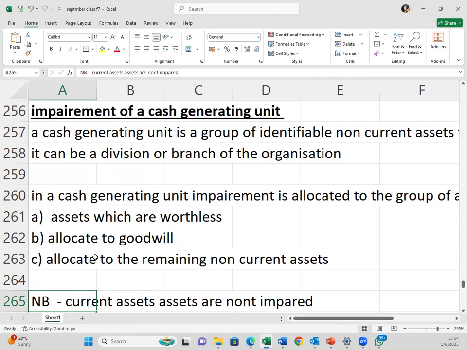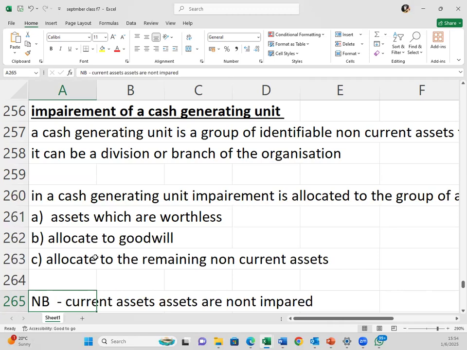Then we allocate impairment to goodwill. Goodwill must be written off. If there is an impairment review of a CGU, we write off goodwill or allocate impairment to goodwill. Then after that, you need to share the remaining impairment loss to the rest of the non-current assets.